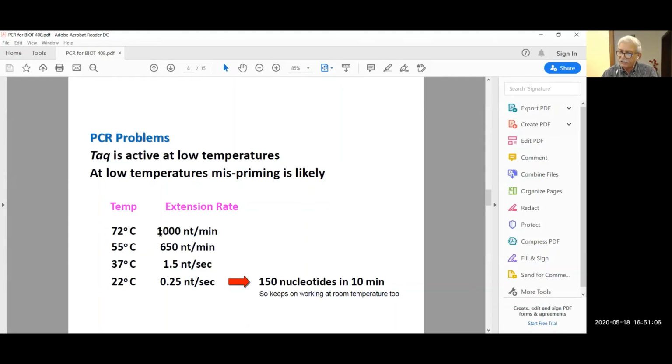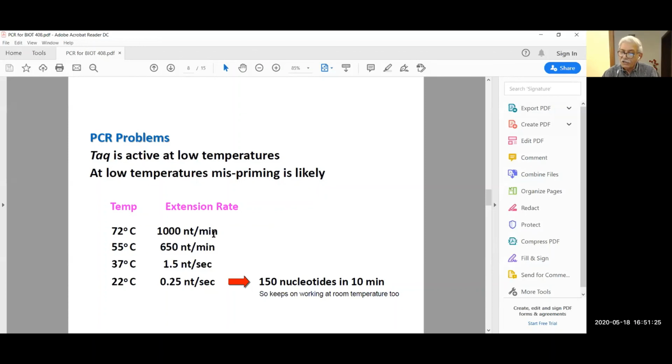The extension temperature I mentioned for Taq polymerase is 72 degrees centigrade. This is the temperature where the Taq polymerase is highly active. It incorporates 1,000 nucleotides per minute.